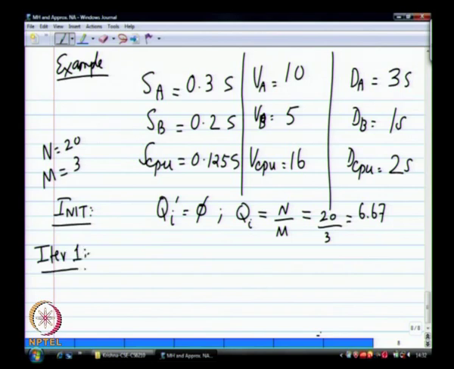So first iteration, okay. So what is R CPU equal to?